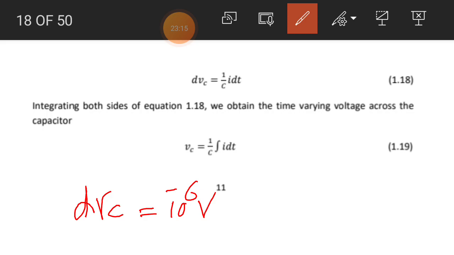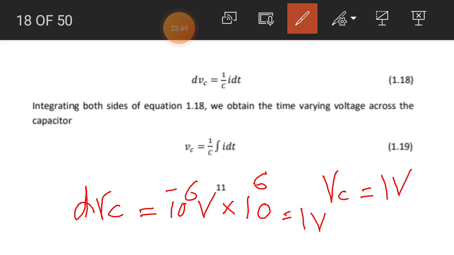If the total voltage across the capacitor is 1 volt, this is just an example, and we have selected the differential voltage as 10 raised to power minus 6, then it means that we have divided the total voltage of the capacitor into 10 raised to power 6 very, very small portions, which add up to 1 volt.